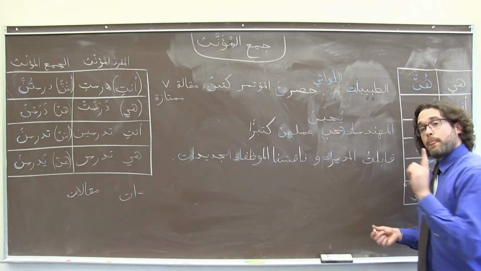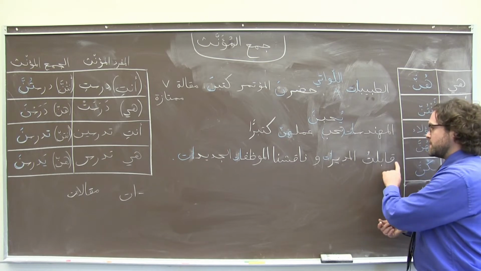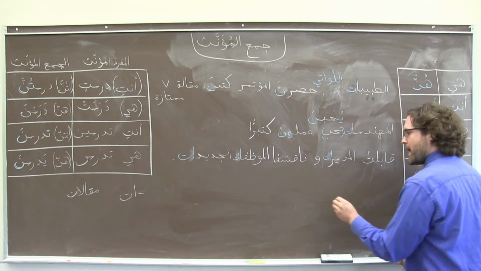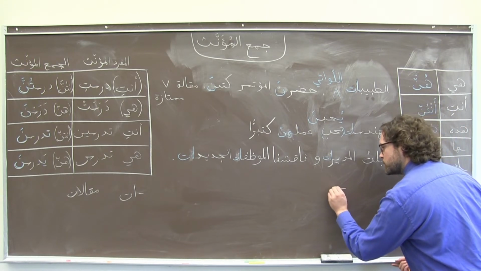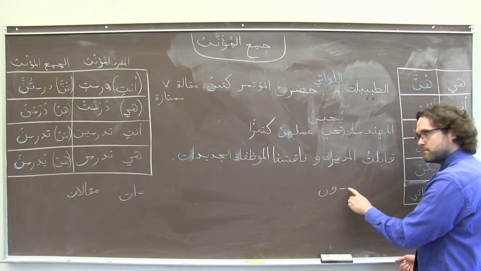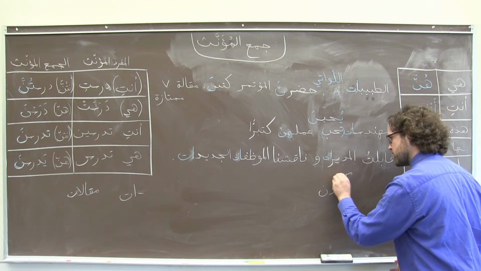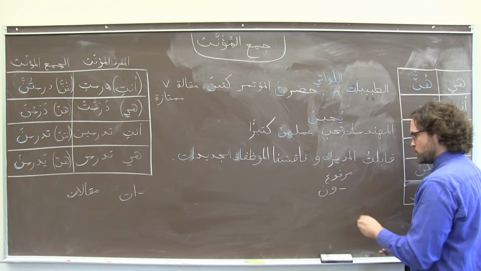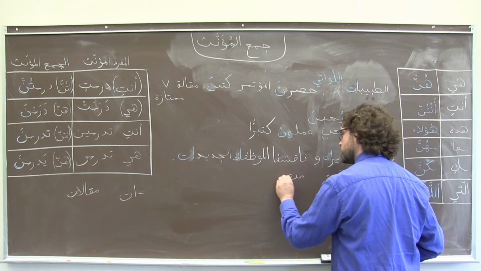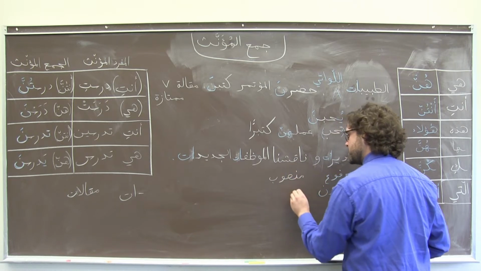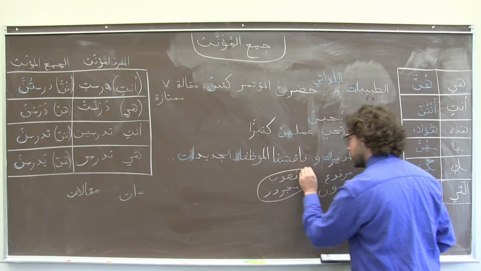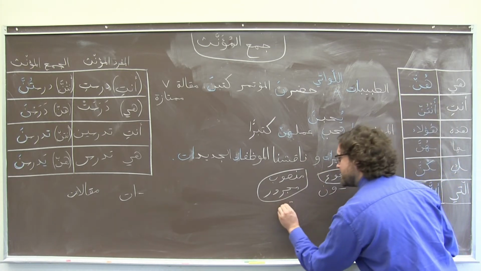One last wrinkle which this sentence can help us illustrate is that, remember how the masculine regular plurals only really have two case markers? In the marfu'a, it's un, and then in the mansub and the majroor, we have in.